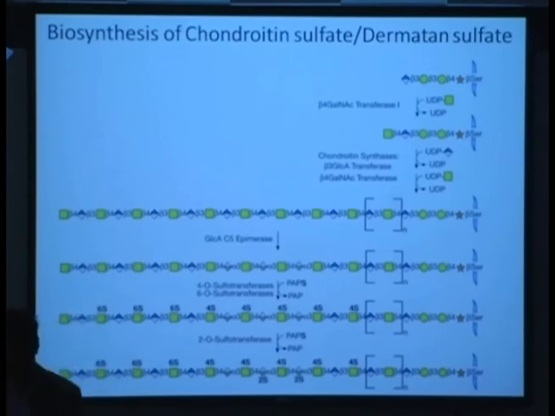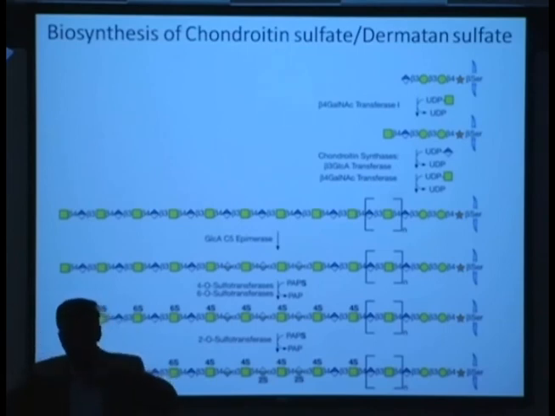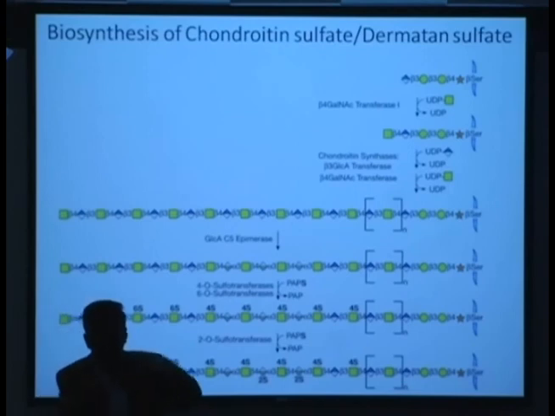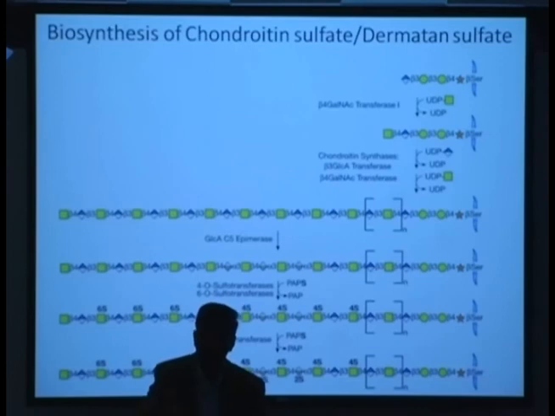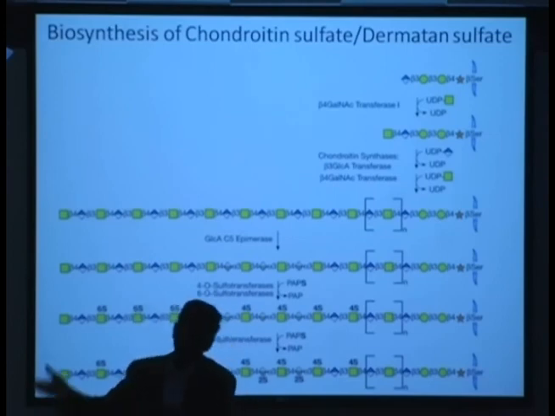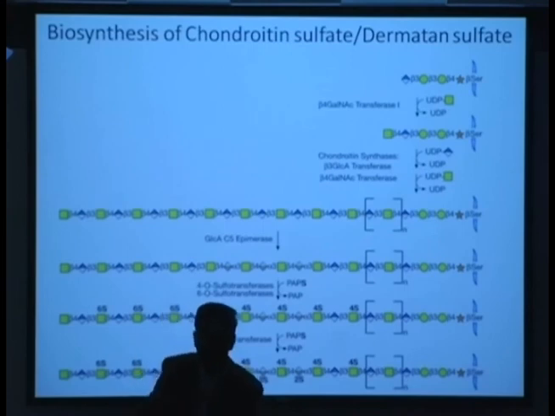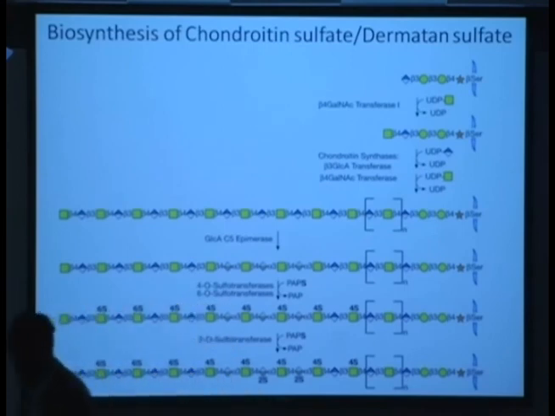Some speculated that you pre-assemble galactosamine and uronic acid and attach them together. Some suggested that you add galactosamine, then wait for some time, add uronic acid, then add galactosamine, uronic acid. It is not quite understood exactly what the mechanism is, but nevertheless you have to add both galactosamine and uronic acid in an alternating manner, so that you end up having repeating disaccharide units.